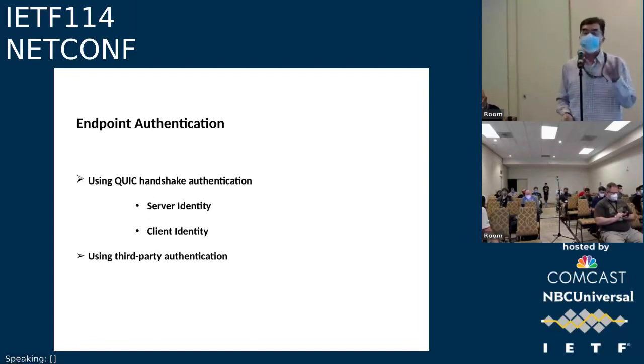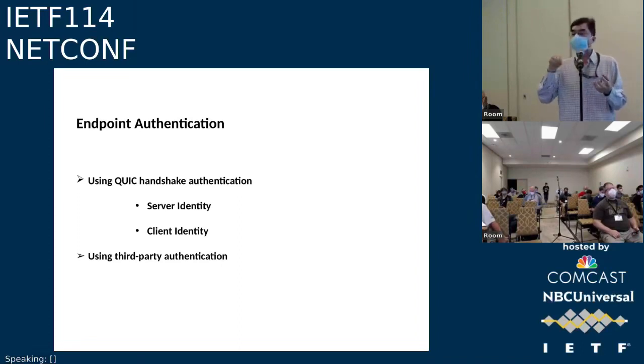For example, for the server identity, we just reuse those rules already defined in RFC 4642. And for the client side, the client identity is determined by local policy. And then we can also use third-party authentication. So let's look at the details. Next page.